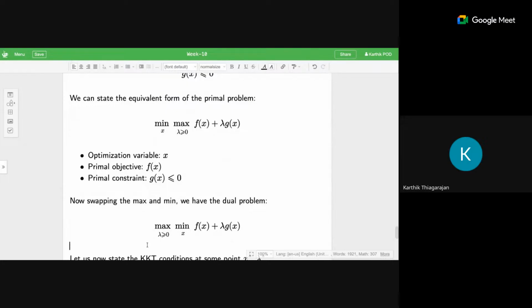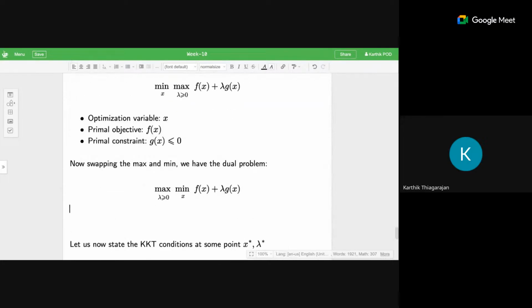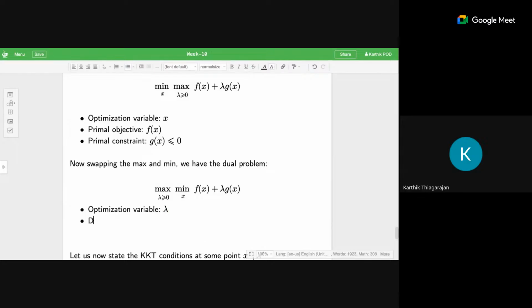Likewise, you have to specify the same for the dual problem. The optimization variable is lambda. What is the dual objective? We call it d of lambda. This is slightly tricky and can be a bit confusing. Notice that you are getting rid of x in this problem, so you are minimizing over x.